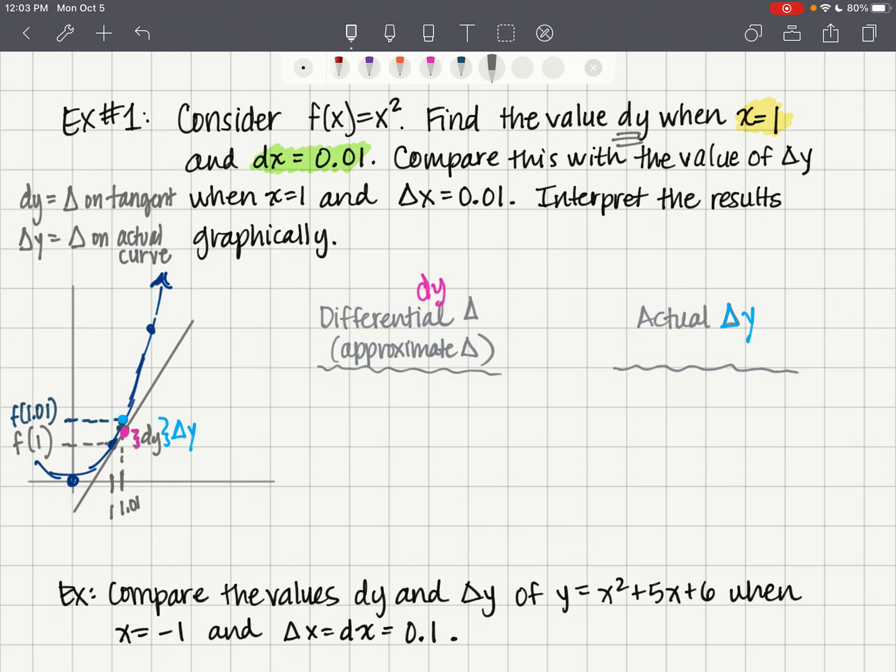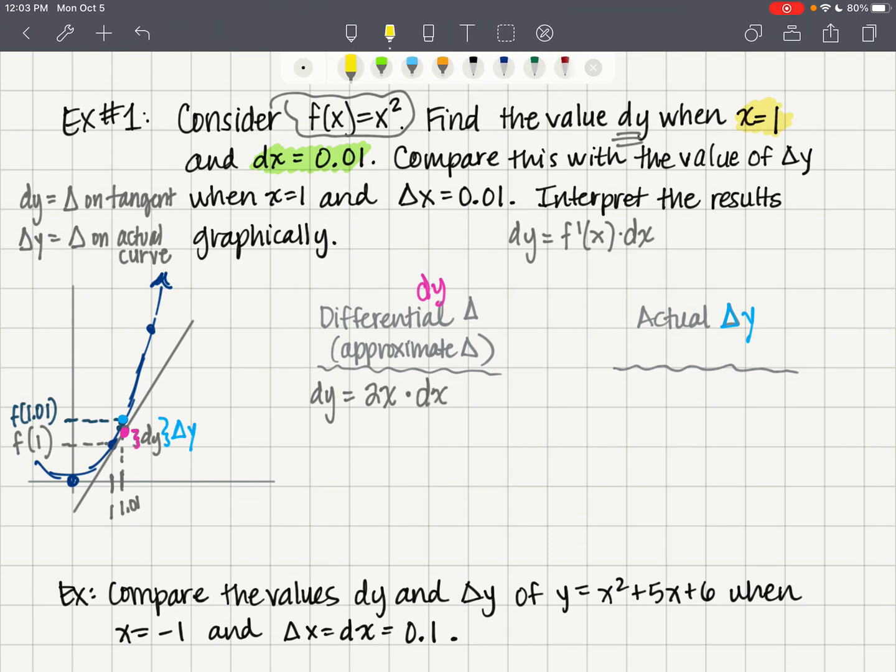So dy is a little bit easier to figure out though, because remember, dy is equal to your first derivative times dx. So dy is going to equal the first derivative, which is 2x. We're talking about this curve right here. So the derivative is 2x times dx. And now we just substitute in. I mean, this is very quick. No calculator. It's very, very simple.